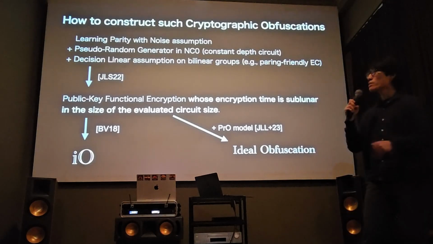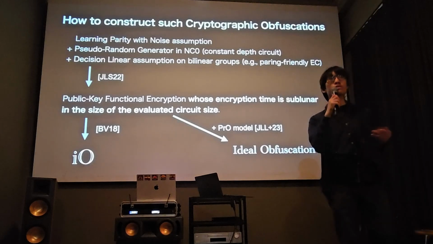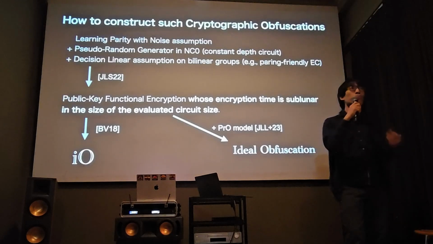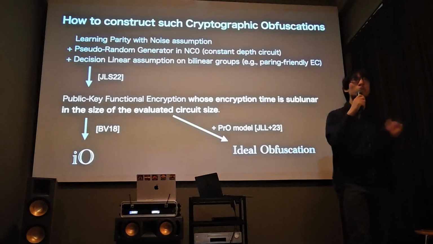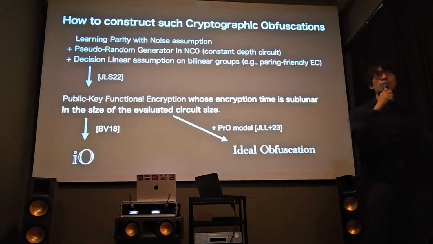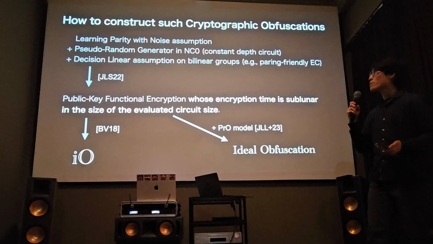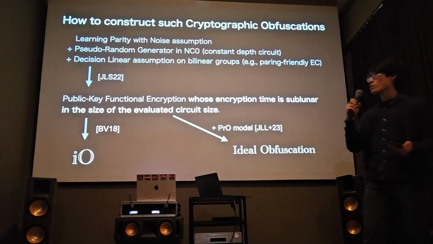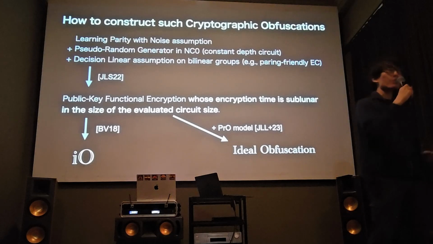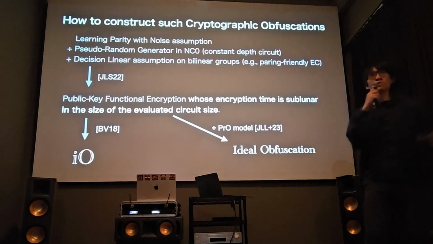So I believe the next 10 years will be like the progress of ZKP. It means we will make more and more practical constructions of obfuscation, and we will have a practical solution for such non-interactive private computation. So I want to contribute to such progress. Thank you for listening.